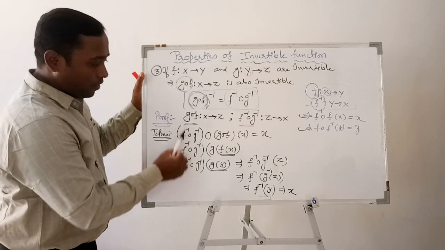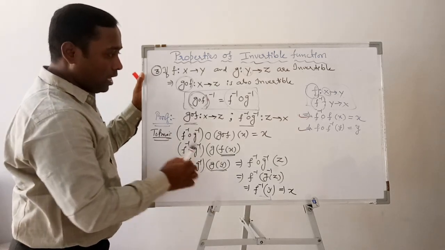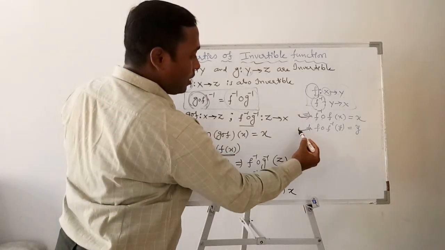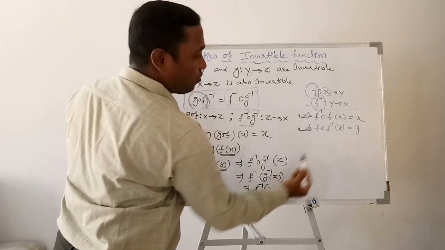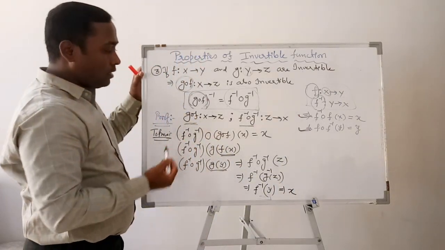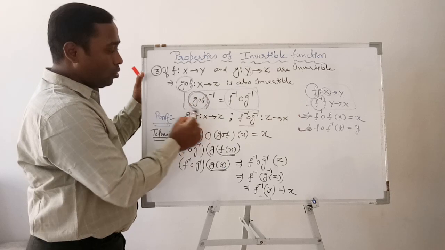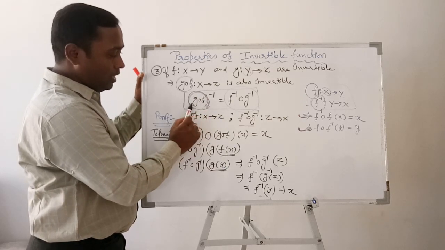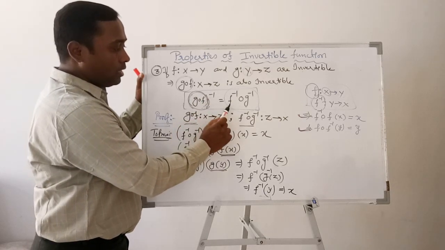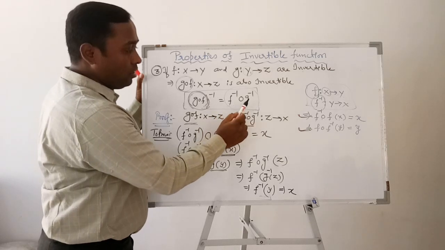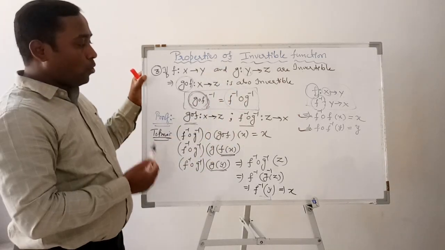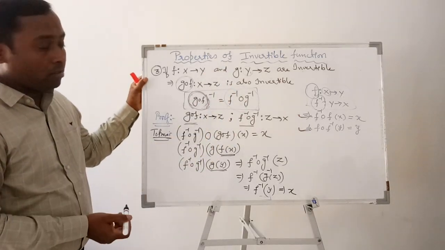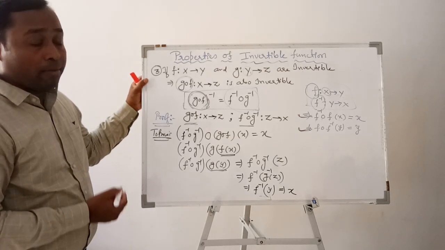So now from this theorem we can say that if it satisfies this condition, similarly it also satisfies the second condition. I can simply say now that the inverse of the composition function (g circle f) inverse is equal to f inverse circle g inverse. So this property is going to be universal.